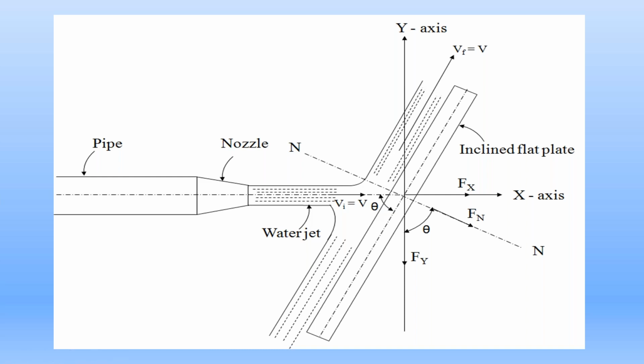Now, to prepare the equations of Fx, Fy, consider this line. Please follow this one. Consider this dotted line perpendicular to the inclined metal plate. This is the axis of the inclined metal plate, and this dotted line N is perpendicular to this inclined metal plate.